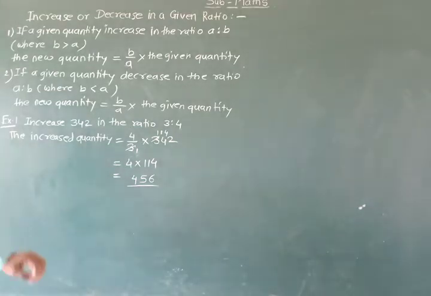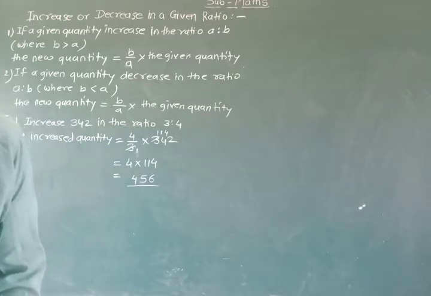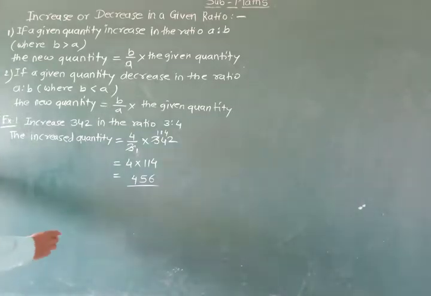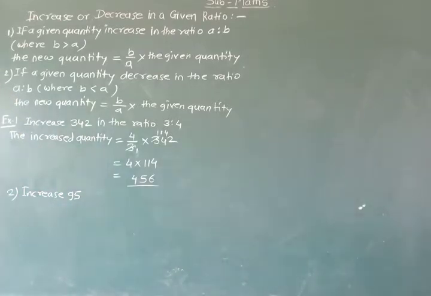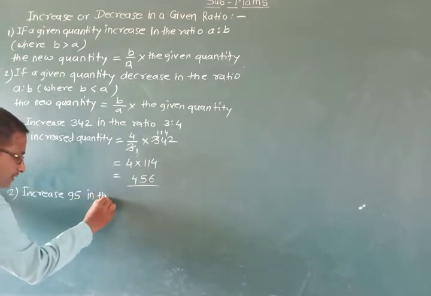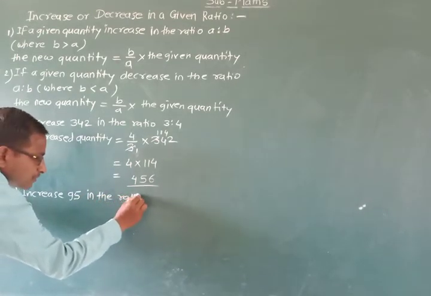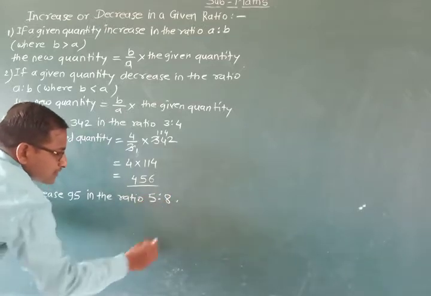Second example, you do it. Increase 95 in the ratio 5:8.